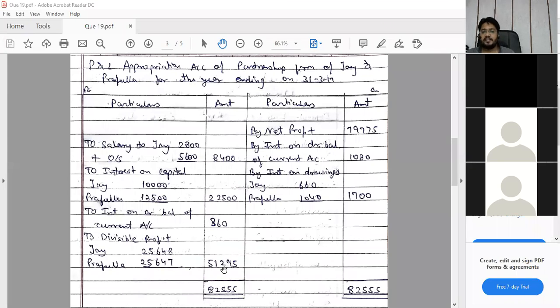So we have divisible profit of 51,295, which is divided between Jay and Prafulla in their profit sharing ratio. So of Jay 25,648 and of Prafulla 25,647. And this profit is carried forward to the partners' current account credit side.